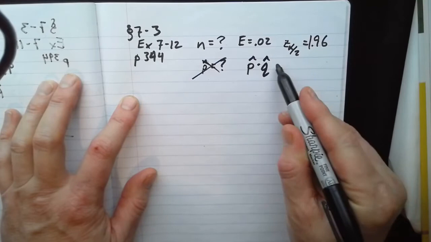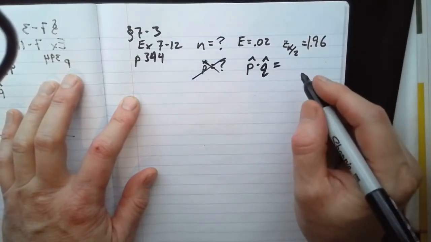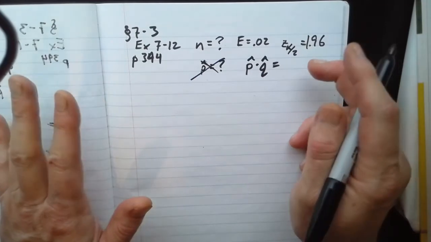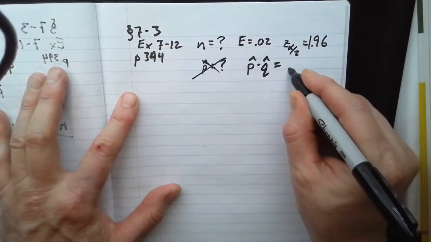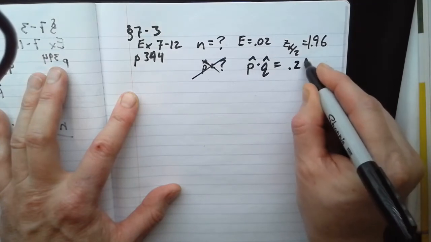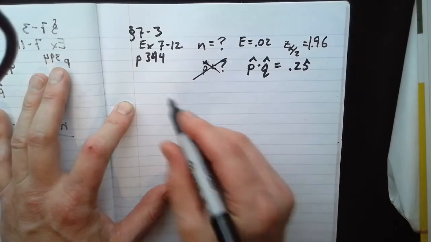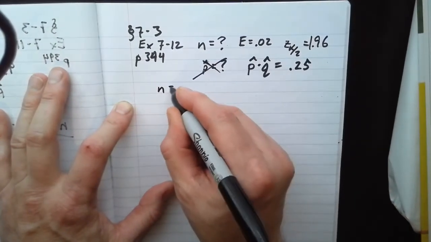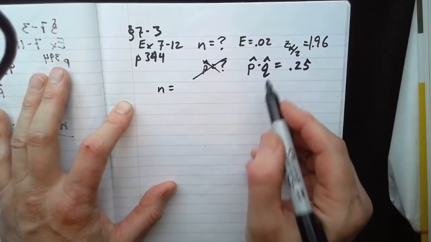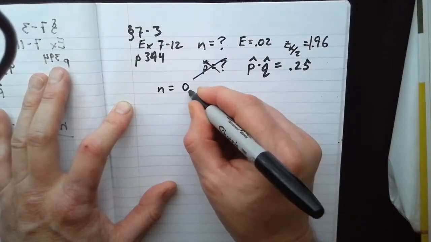So this might make our sample size a little bit too big, but we'll just say, okay, look, better safe than sorry. We'll just go ahead and substitute in 0.25.